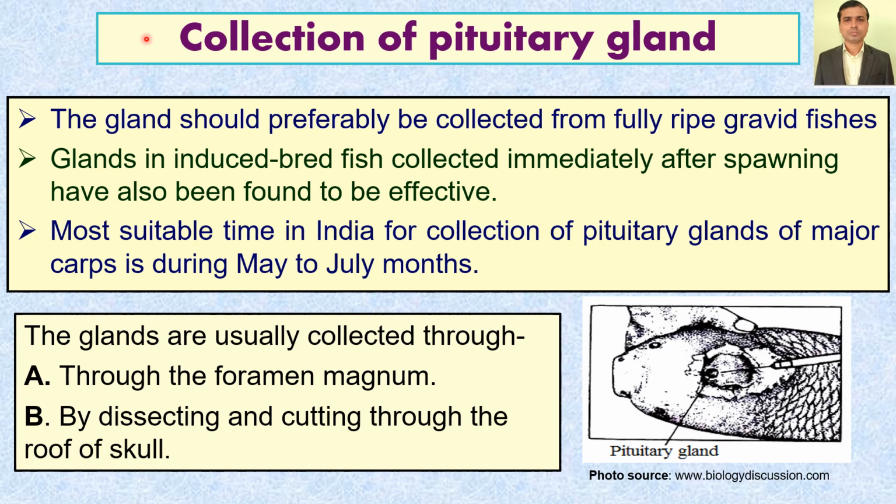The next important step of hypophysation is collection of the pituitary gland. The pituitary gland should preferably be collected from fully ripe fishes.